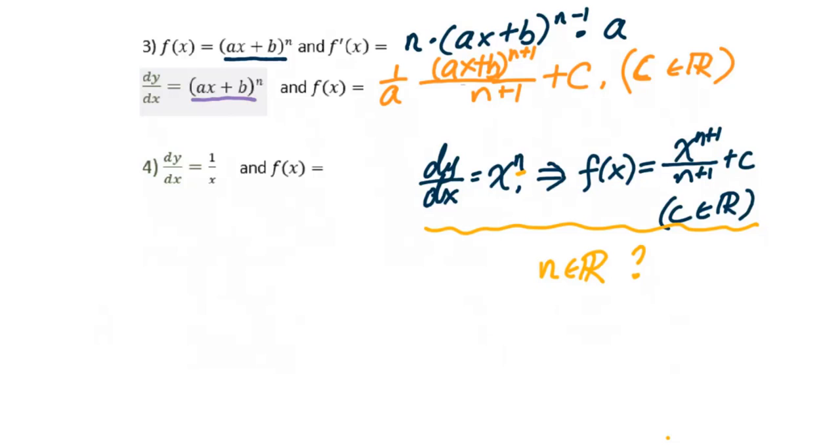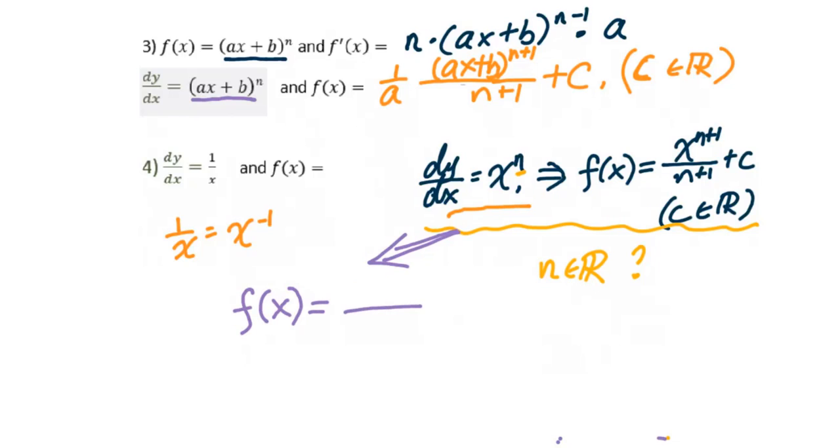Let's go to number 4. We have dy by dx equals 1 over x. If we want to use this rule, we have to write 1 over x as x to the negative 1st power. If we apply this rule to figure out f of x, you will get x to the negative 1 plus 1 over negative 1 plus 1.